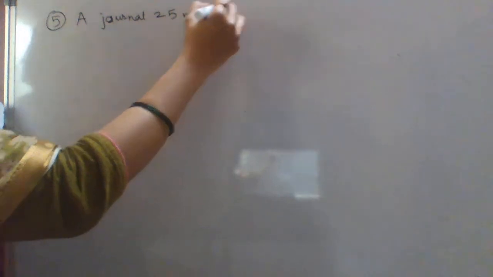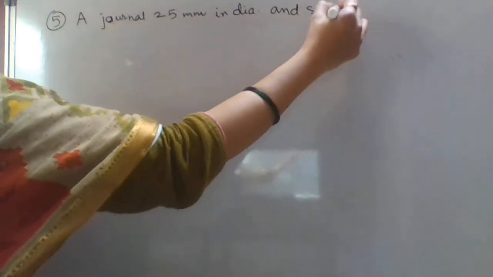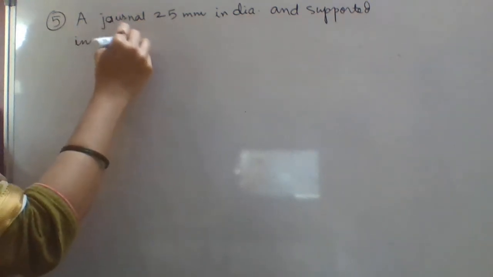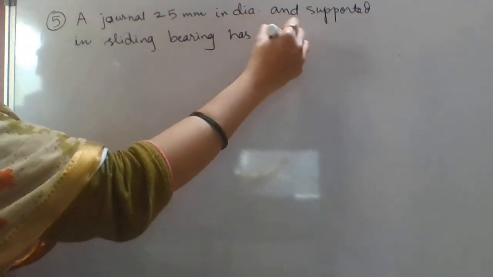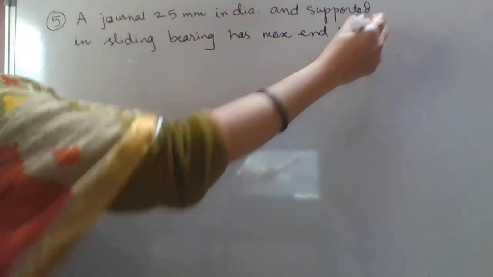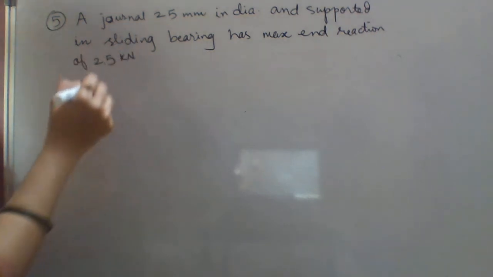Question number 5. A journal 25 millimeter in diameter and supported in sliding bearing has maximum end reaction of 2.5 kilonewton.